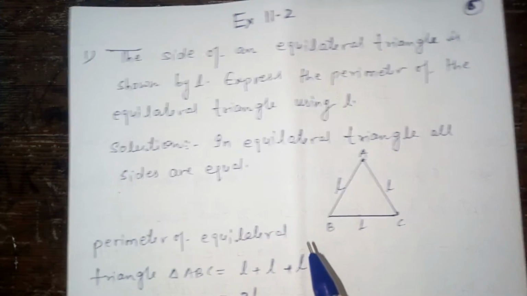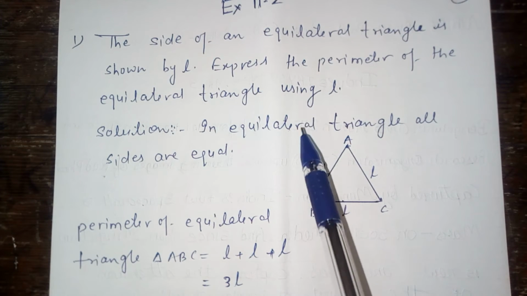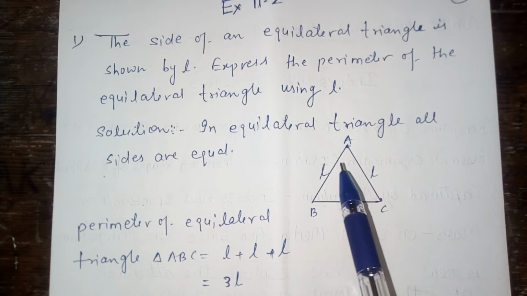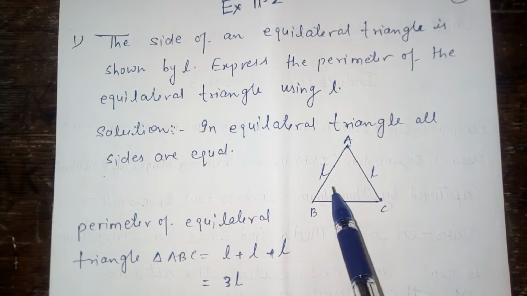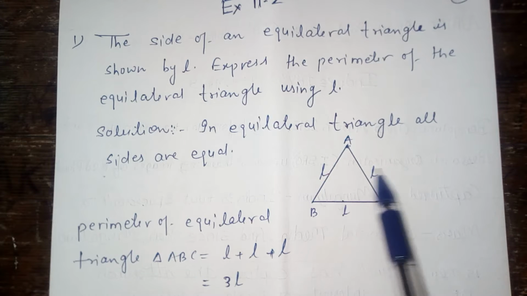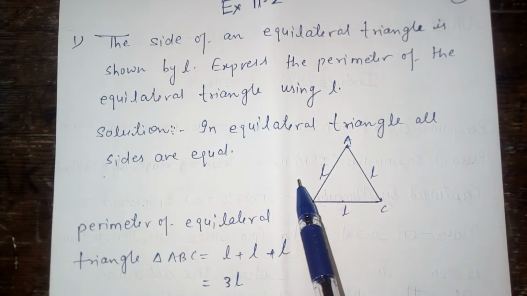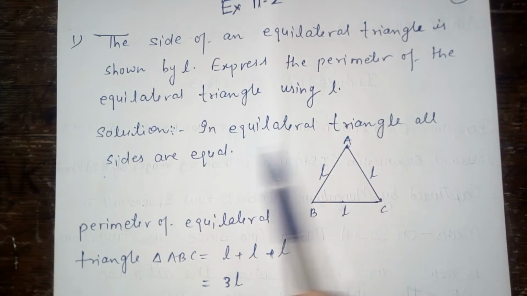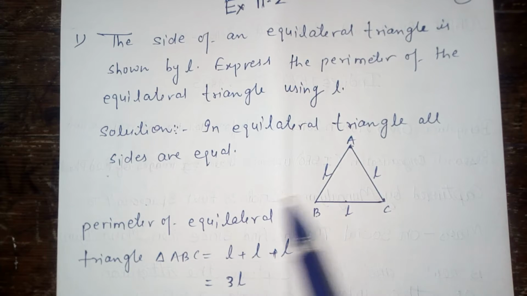Okay, now look here, in this question we are talking about an equilateral triangle. As you know very well, in an equilateral triangle all sides are equal, so each side of the equilateral triangle will be the same, that is L. So the solution of the given question will be, as you know, in an equilateral triangle all sides are equal.